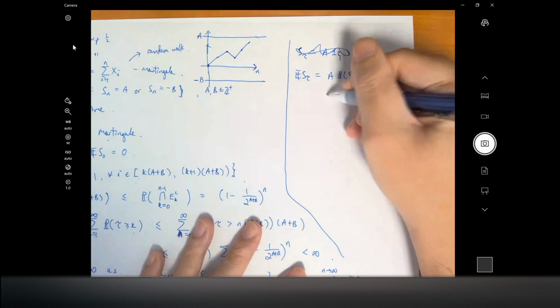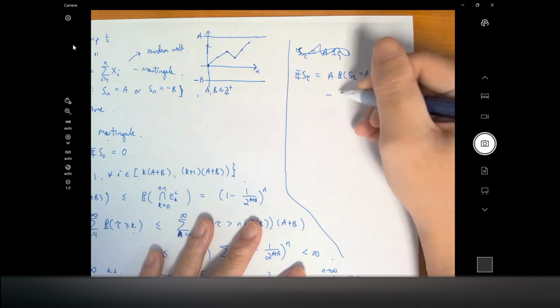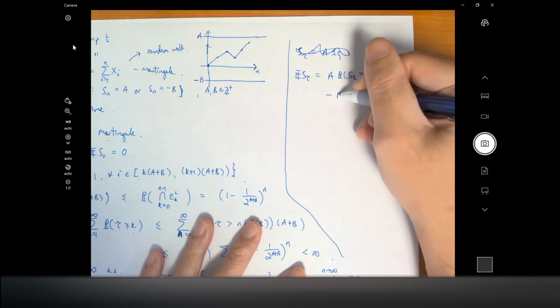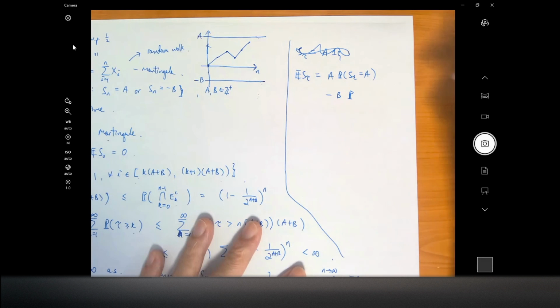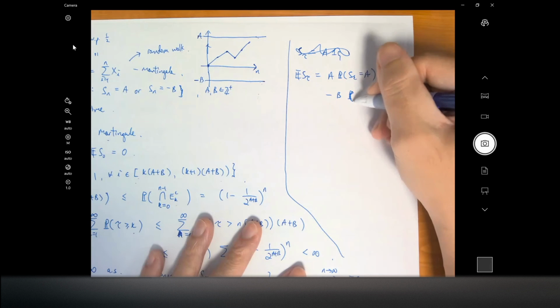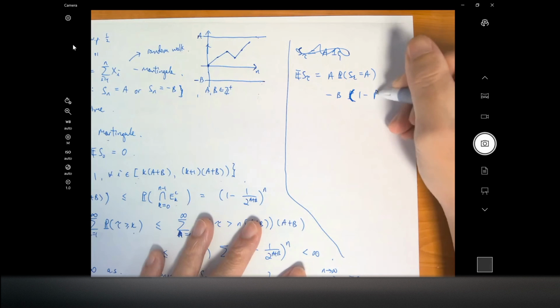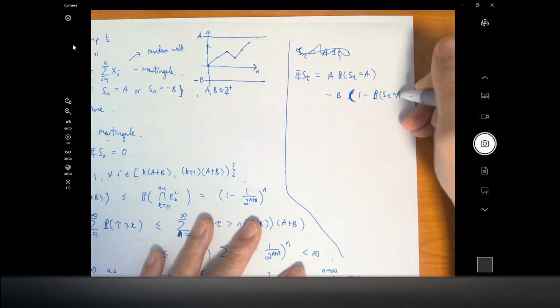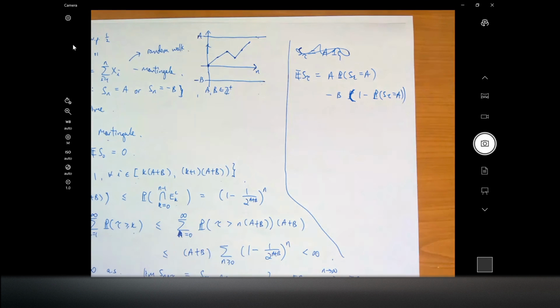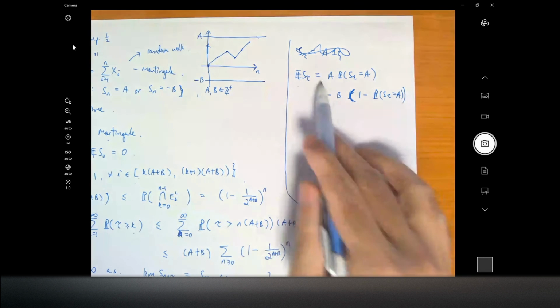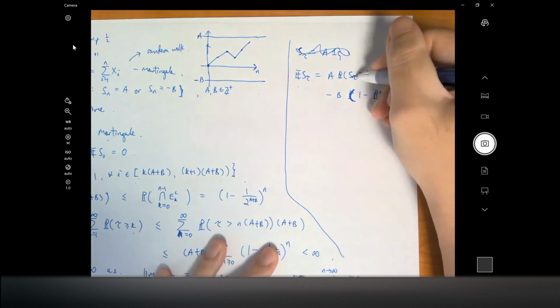It basically just takes two values, so it's basically a binary variable. So it's equal to minus B when S_tau equals minus B. Then I can just write 1 minus the probability of S_tau equals A. So you can only take A or minus B. So this expectation is, I suppose, obvious.